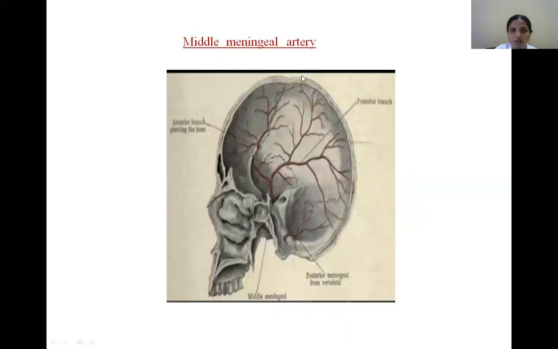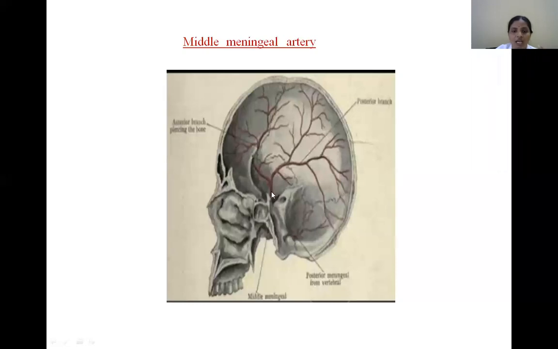Out of all branches, the middle meningeal is very important. See, the middle meningeal artery, after taking origin from the maxillary artery, passes through the foramen spinosum and enters into the cranial cavity. So what is important? As the name indicates, the middle meningeal artery supplies the major portion of the dura and these bones.